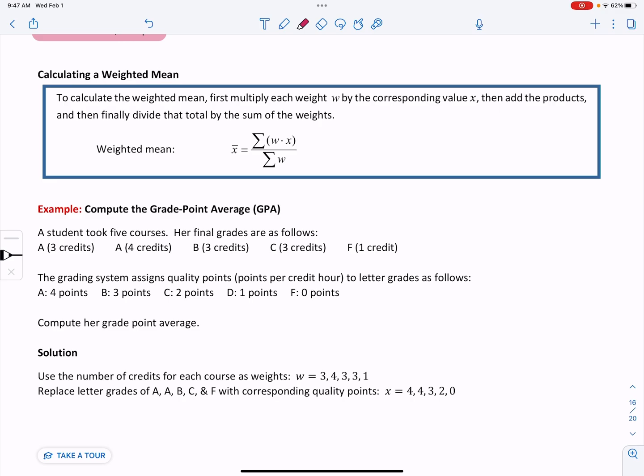So here is an example and the formula for our weighted mean. We're going to multiply each weight by its corresponding X value. Then we're going to add them all up. That's this top part up here. And then we're going to divide by the total of the weights. So it's a lot like that frequency distribution table we just did, but it won't be quite as involved.